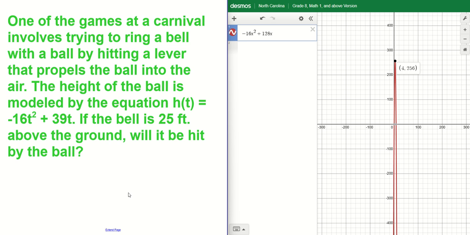A little bit different here. We got one of the games at a carnival involves trying to ring a bell with a ball by hitting a lever that propels the ball into the air. The height of the ball is modeled by that equation there. If the bell is 25 feet above the ground, will it hit the ball? Or bell? Will it be hit by the ball?